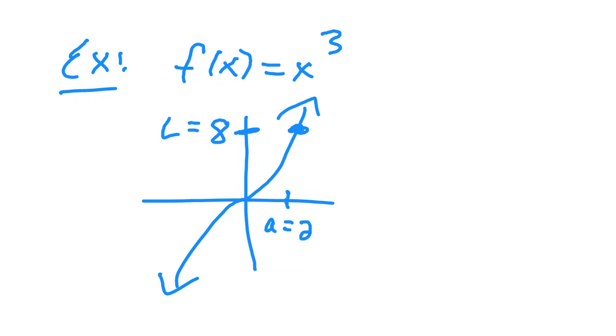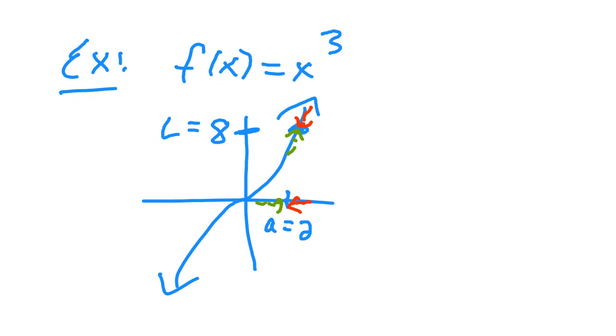So once again, if I'm approaching from the right, I'll use red. What's my graph doing? It's coming down on a height of 8, right? And then if I approach 2 from the left, I'll use green. Usually I use blue from the left, but anyway, then I'm approaching that height of 8 from below.